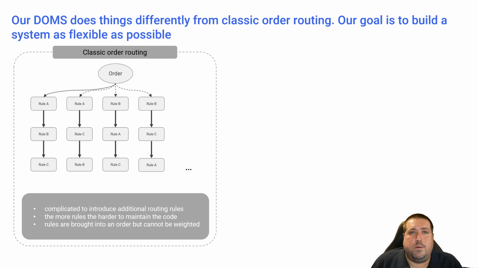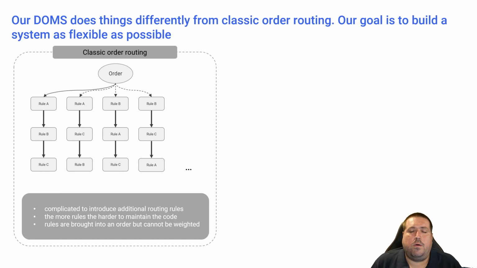The more rules you have, the harder it is to maintain the code and the whole process logic. And also rules can be brought into an order, like this before that and this before that, but you cannot weight them against each other. If you want to have them on an equal level, but both are possibilities, it's very complicated to do that here.